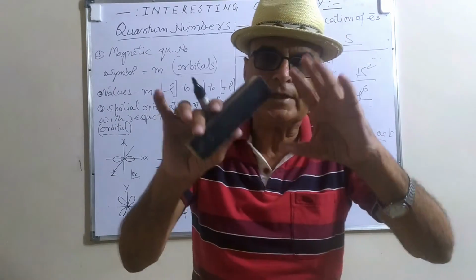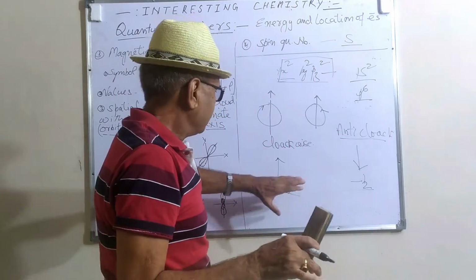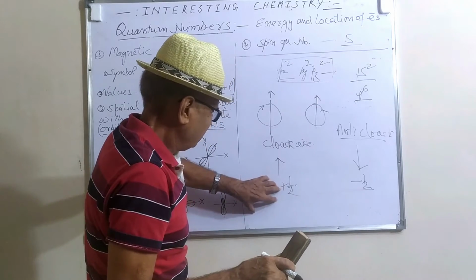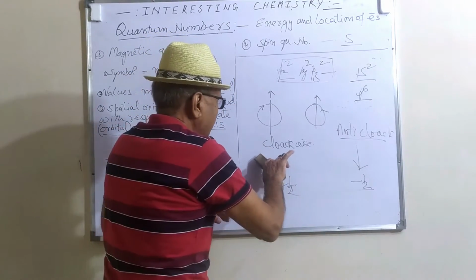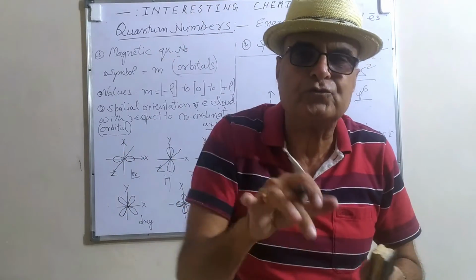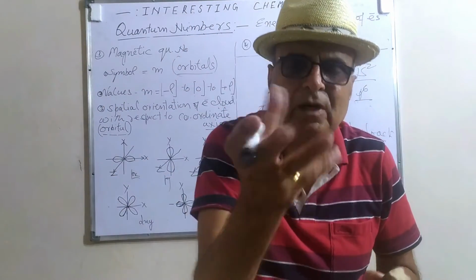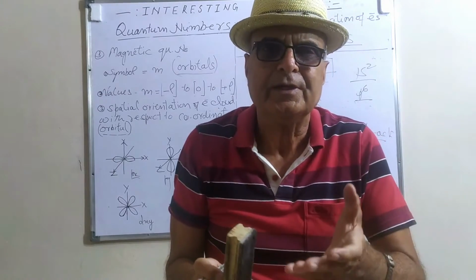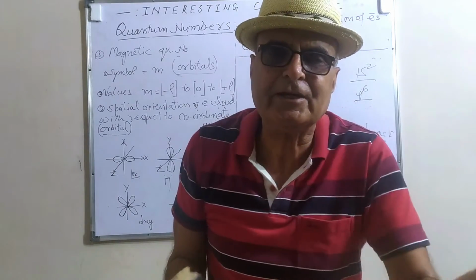When a charged particle moves around its axis, it generates a magnetic field.